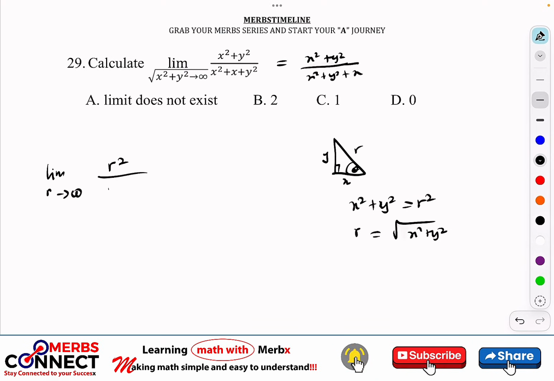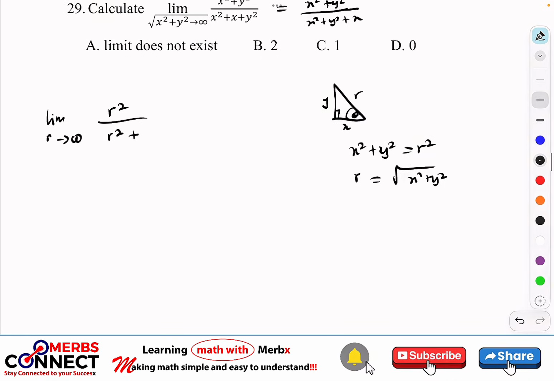So I'm going to have another r squared plus, what is x? Okay, let's find x. Using the trig identity, cos of theta is equal to x over r. So x is equal to r cos theta. So this is going to be r cos theta. Nice. So this is what you are going to get.